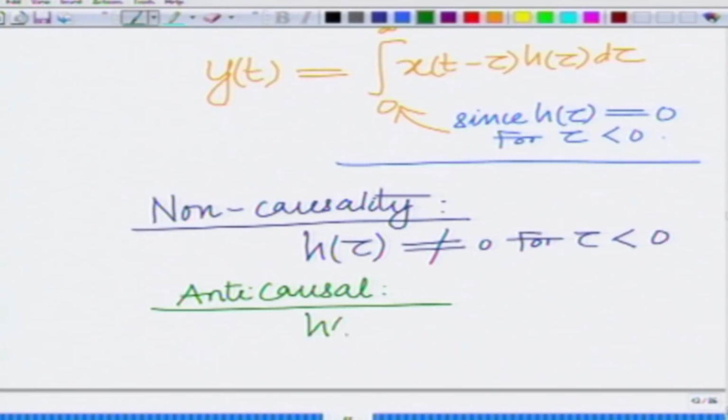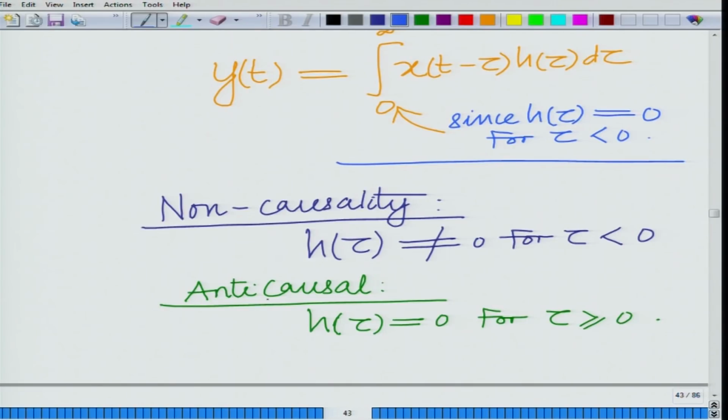If h of tau is equal to 0 for tau greater than 0, then in this case, an anti-causal system, something interesting happens.